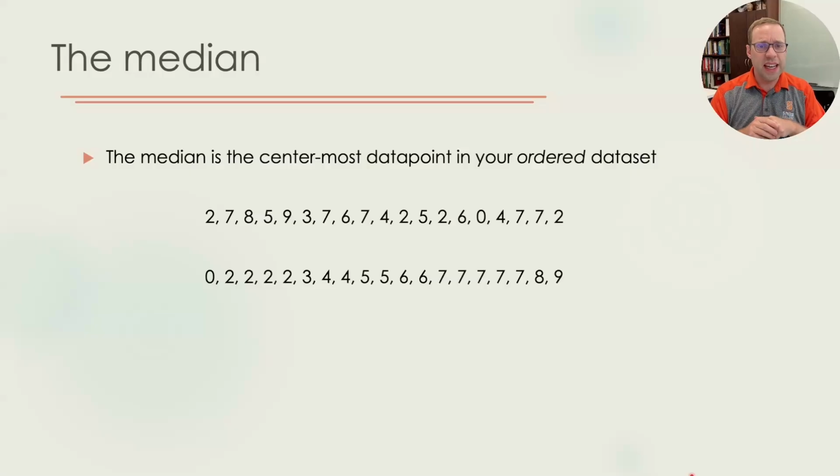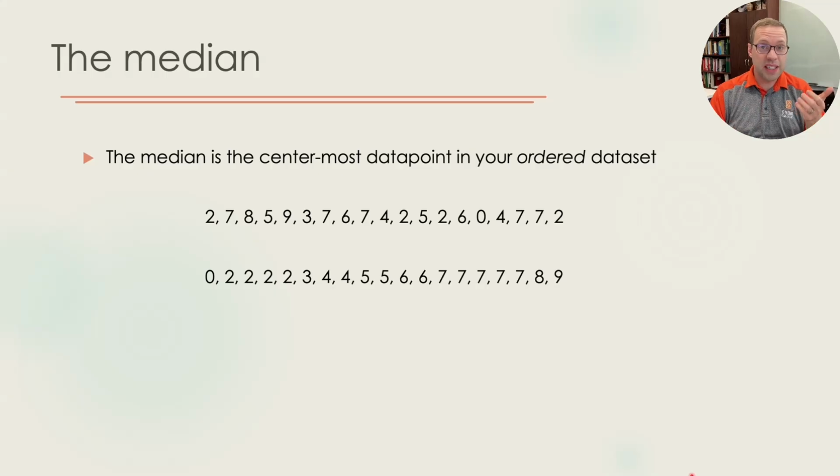So the median is the centermost data point in your ordered data set. I showed you this set of numbers in the last video when we talked about the mode. We have just the random set of numbers. The first thing we need to do to find the median is order the data set. You cannot find the median without ordering your data set.